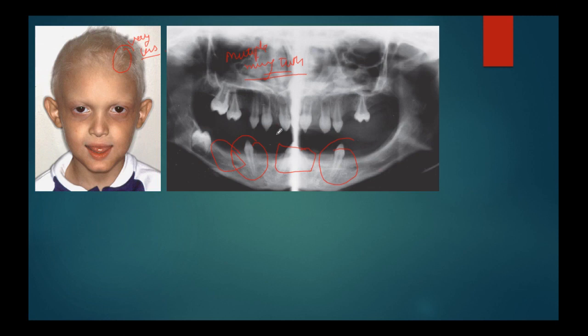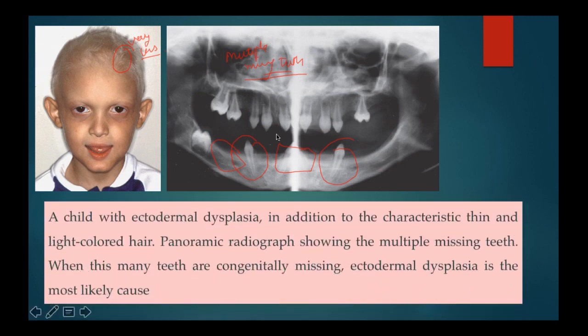So this is a classical presentation of ectodermal dysplasia. Here we can see a child with ectodermal dysplasia with the characteristic thin and light colored hair. Here is thin, very sparse hair. The panoramic radiograph shows multiple missing teeth. When this number of missing teeth is seen, we always suspect ectodermal dysplasia.